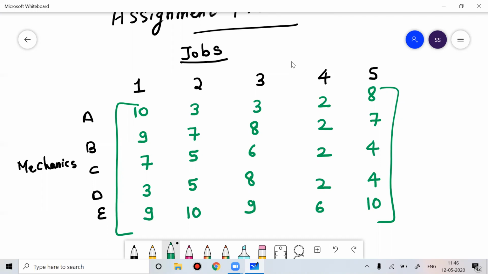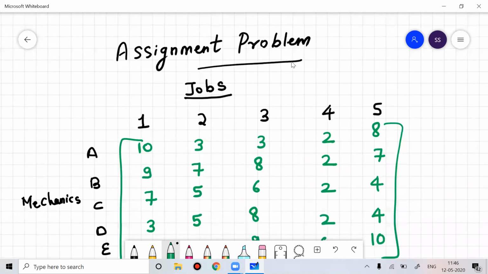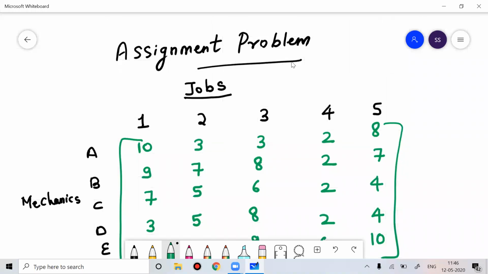The word itself tells the meaning: in the assignment problem, you are assigning work to people, in such a way that every person gets one job and every job is done by one person.